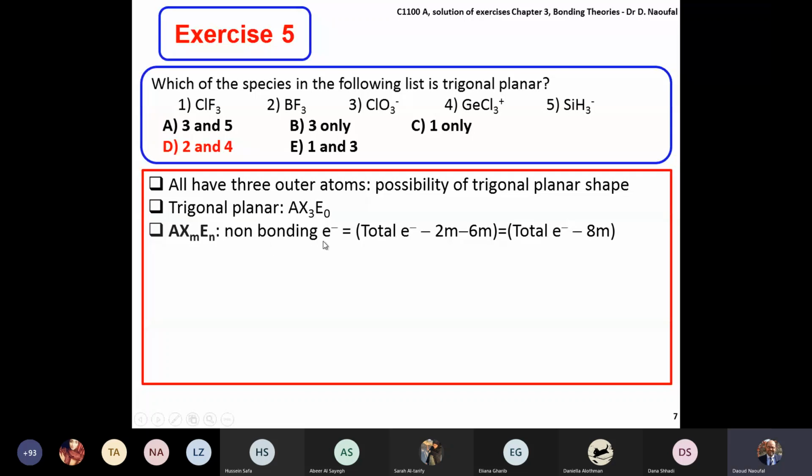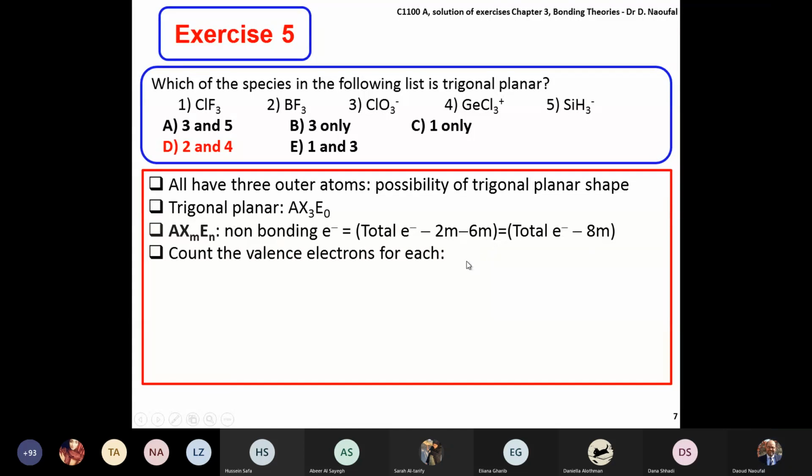So E, the non-bonding electrons, equals the total electrons minus 2M minus 6M, so it's total minus 8M.